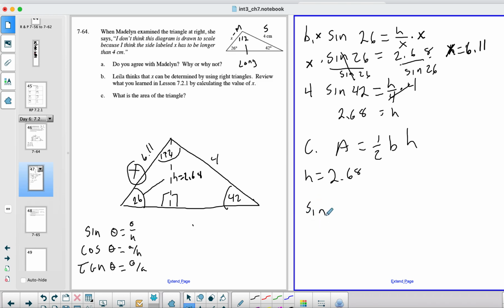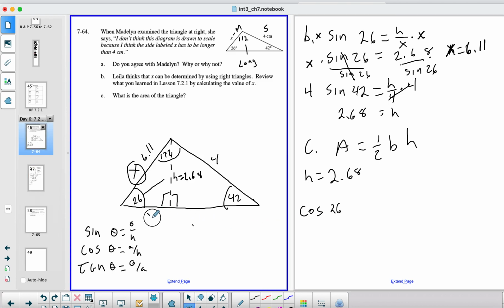So the sine of 26, oh, sine's not going to get me there, right? That's opposite and hypotenuse. If I go from that same angle and use cosine of 26, that'll get me there. Let's call this B1 and B2.